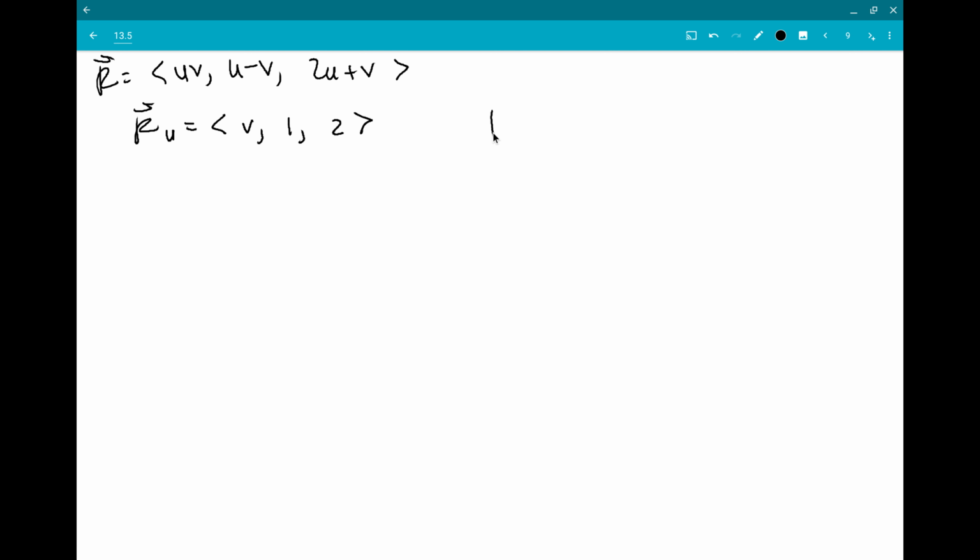I'm not showing a lot of detail when I take my partial derivatives because I feel like we've been doing it for a while, but if that's still iffy for you, go ahead and pause and make sure those partial derivatives make sense. When I take the derivatives with respect to v, I'm going to get u in the first component, I'll get minus 1 in the second component, and I'll get 1 in the last component.